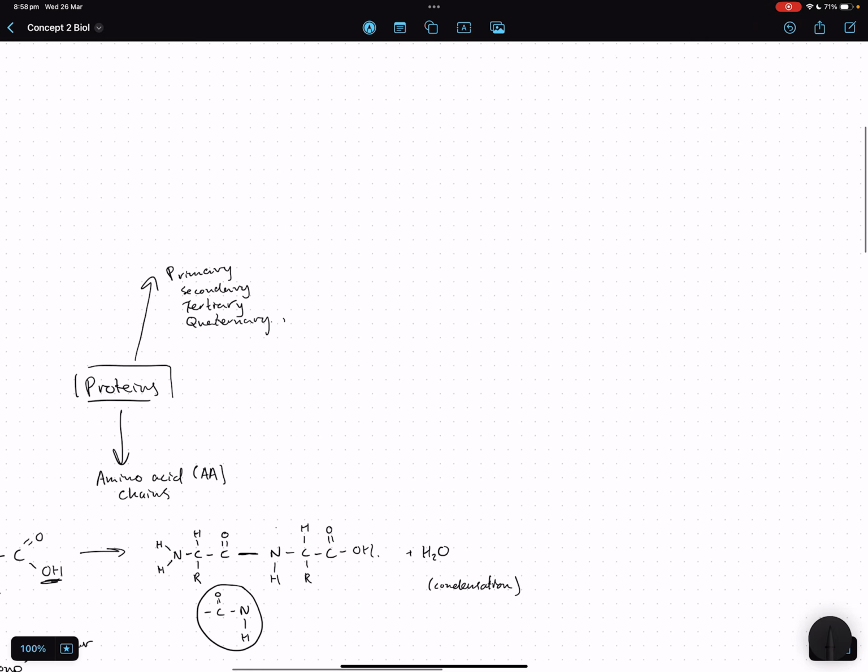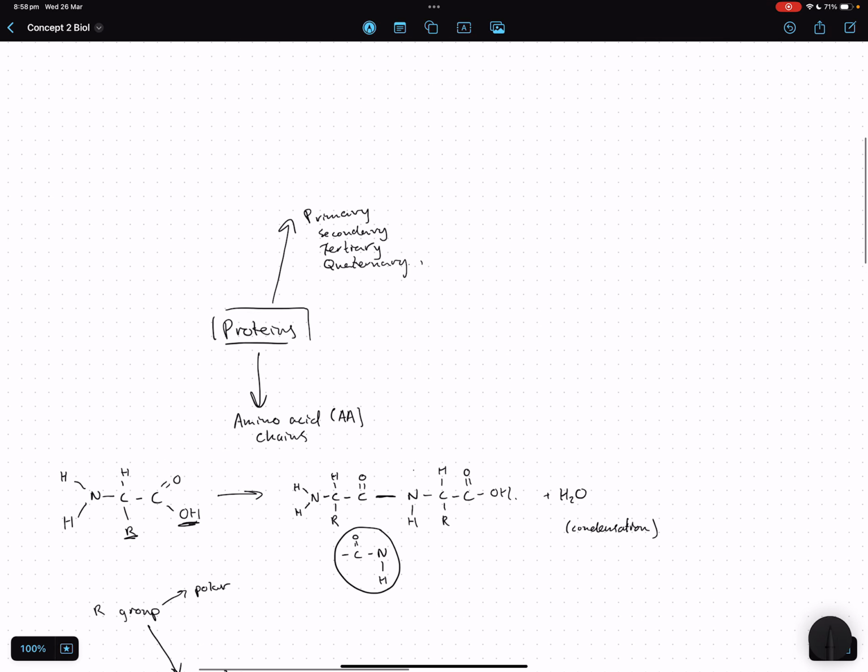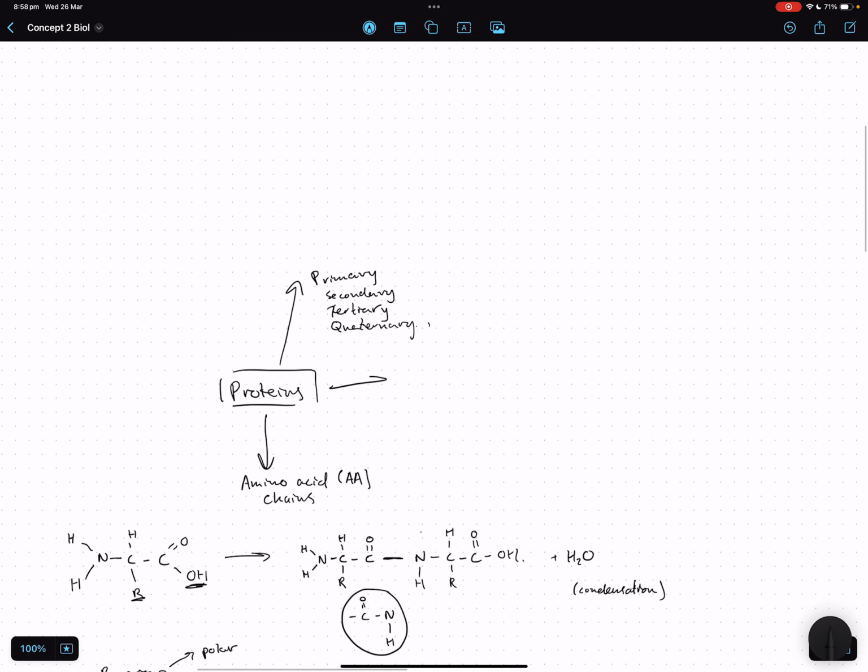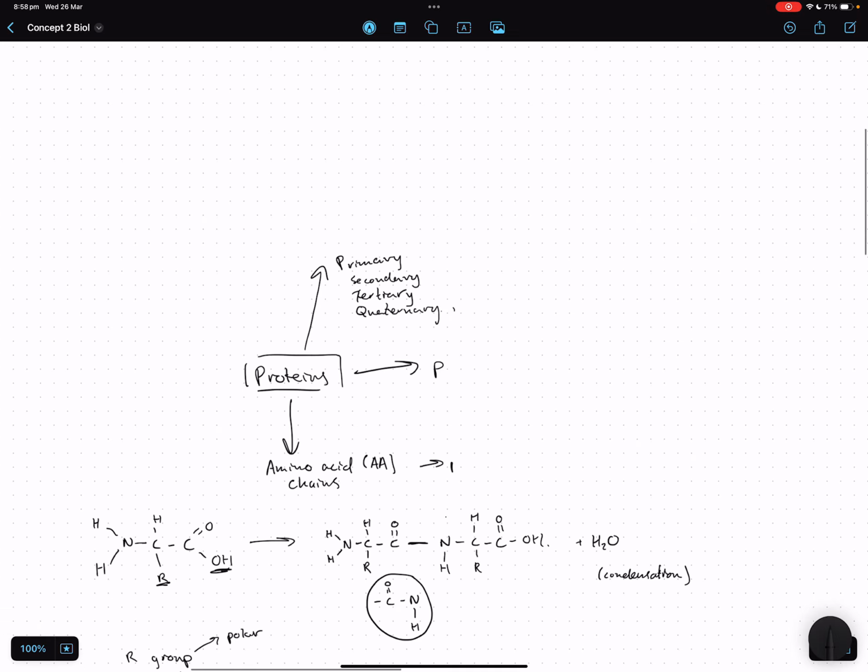Okay, I'm going through these. Just remember this. These are also called peptides, and this is a polypeptide chain. Okay, very important. Polypeptide chain.